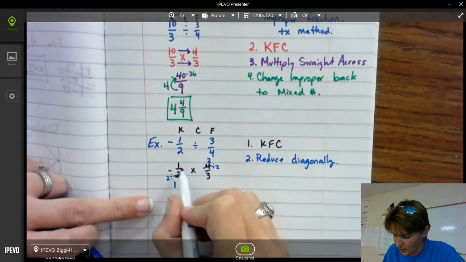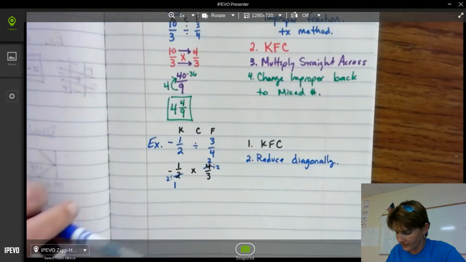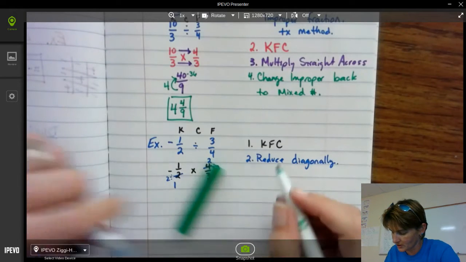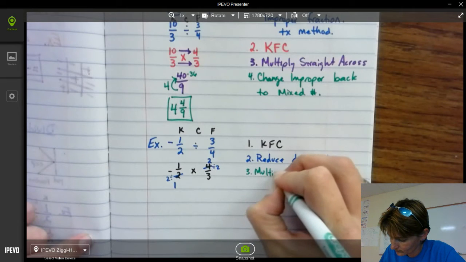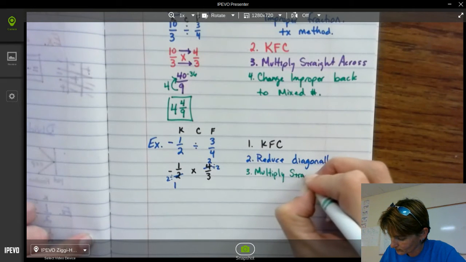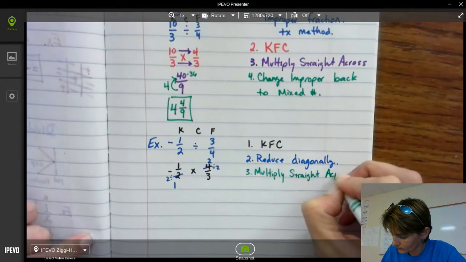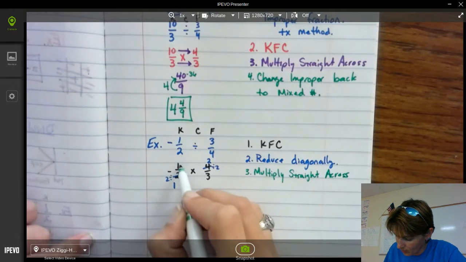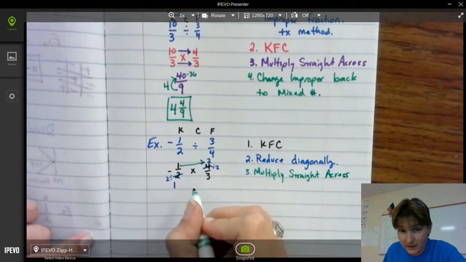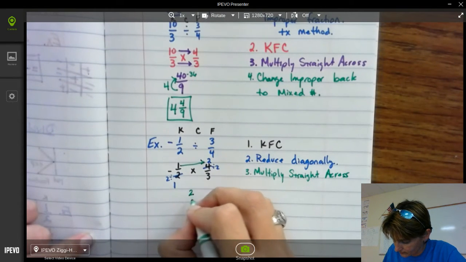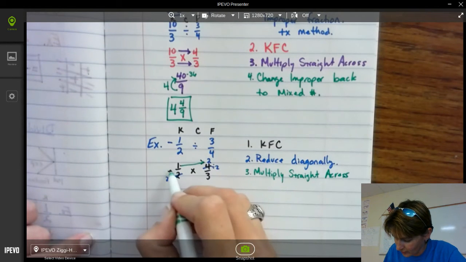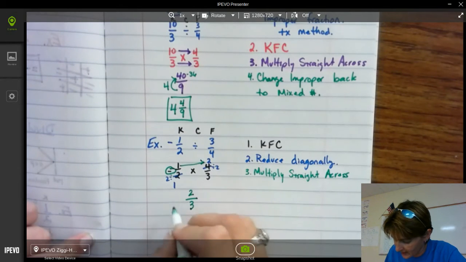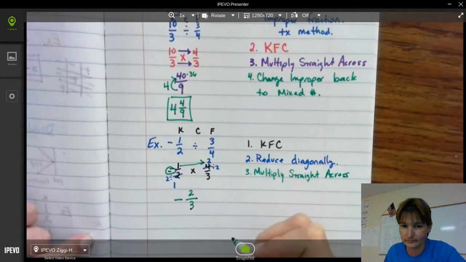All right, so now that I have the reduction, I can multiply straight across. 1 times 2 is 2. And 1 times 3 is 3. Don't forget, you have this negative still here. That still needs to be put into this answer.